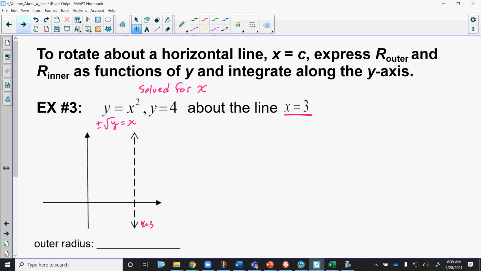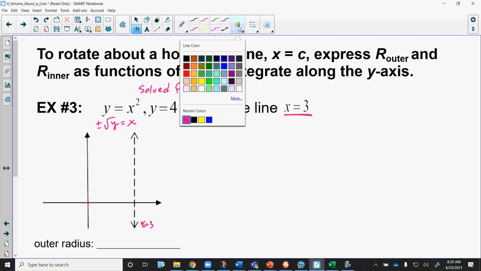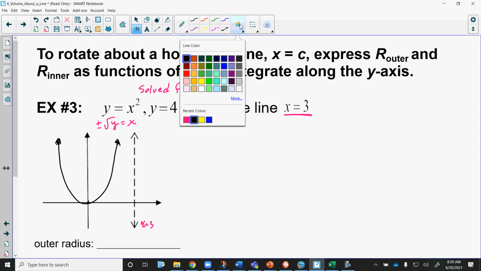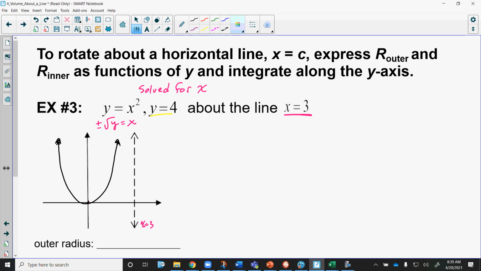Well, the parabola itself, that's just the parent function. Let's just go ahead and look at this as the parent function here. So we have that. And we have the line y is equal to 4. So let's do that one here in yellow. y is equal to 4. So let's just say that here is 4.